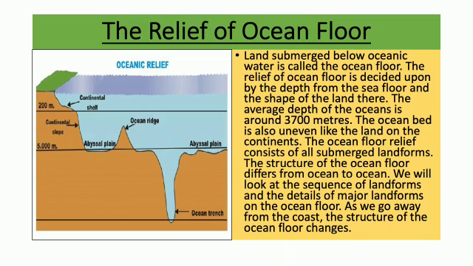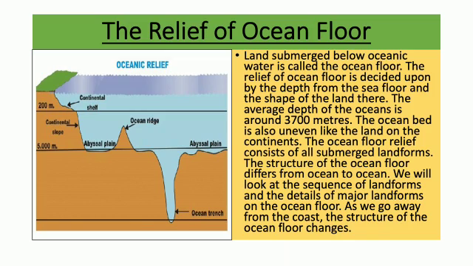So, what is meant by ocean relief? The relief of submerged land is called ocean relief. The depth from the sea floor and the shape of the land are the parameters for classifying the various submerged forms of ocean relief. Land submerged below oceanic water is called the ocean floor.